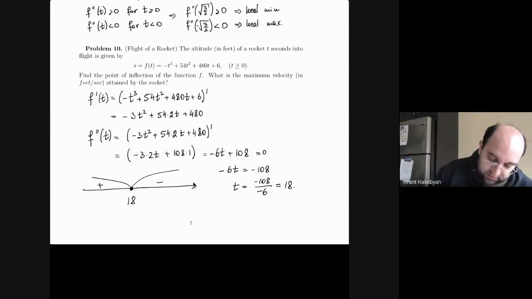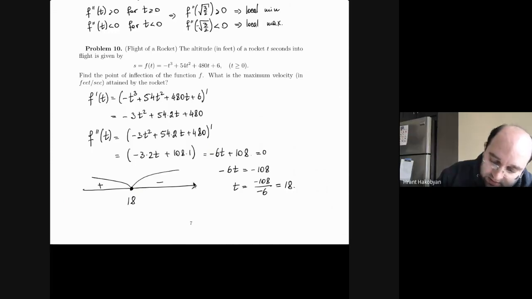So let's look at this picture here. What is this? Well, that's the picture of the second derivative. It's positive and negative, but what is the meaning that the second derivative is positive? That means that the first derivative is increasing, right?